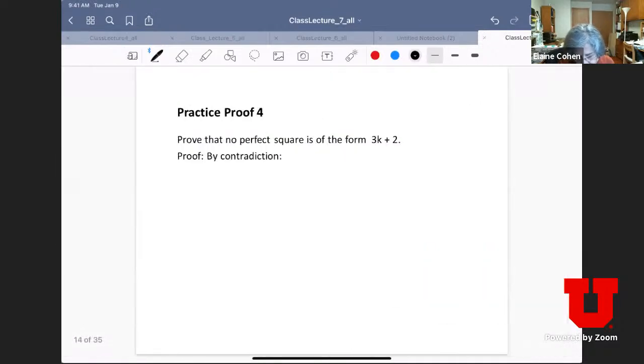So here's an example. Prove no perfect square is of the form 3k plus 2. Give it a try.